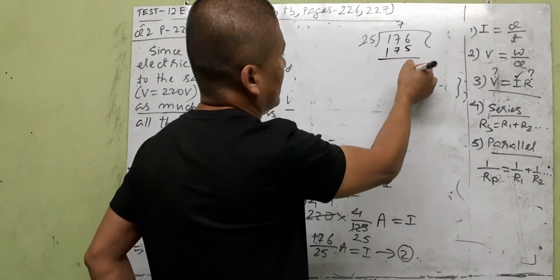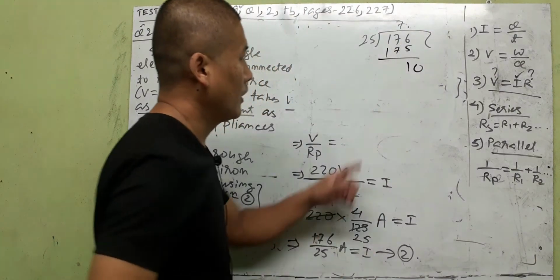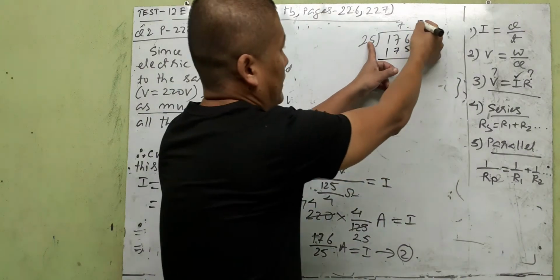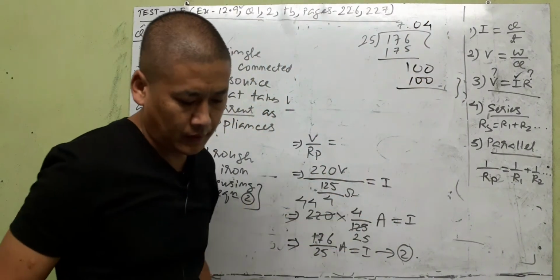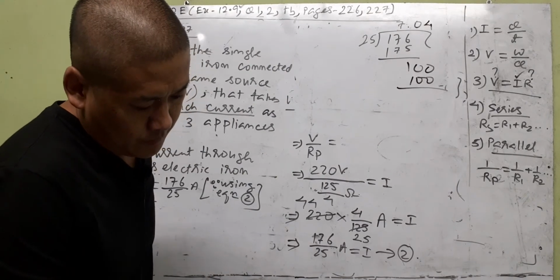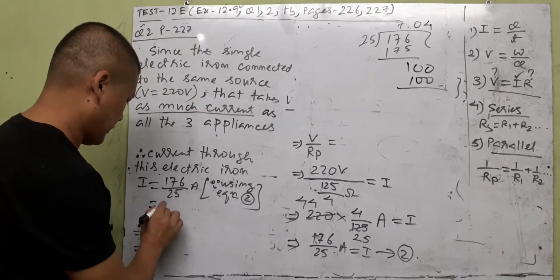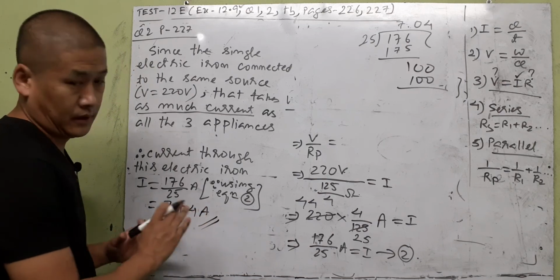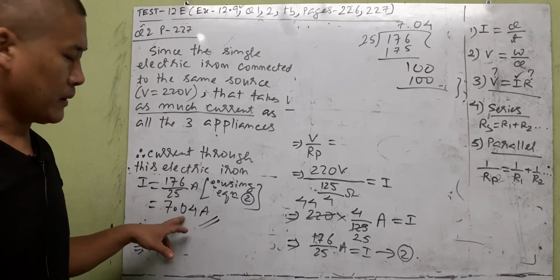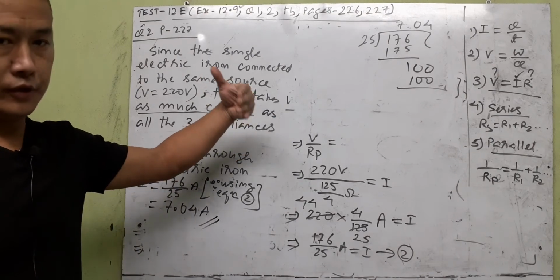Yes, so 1 in hand, 0, 0. Still 10 is less than 25, means 0 and 0. 25 4s are 100. So that is our answer, here 7.04 ampere. So 7.04 ampere is consumed by this single electric iron. The same amount is consumed by those three put together.